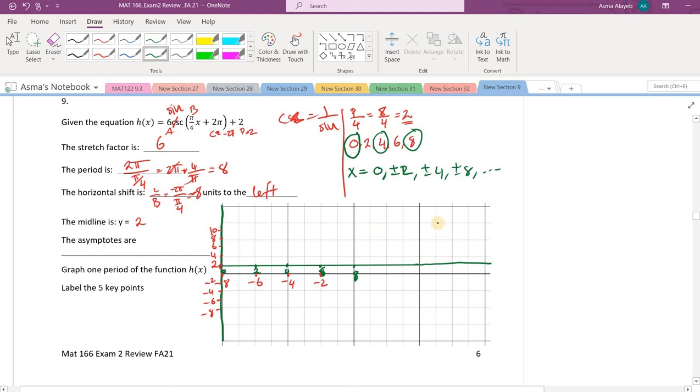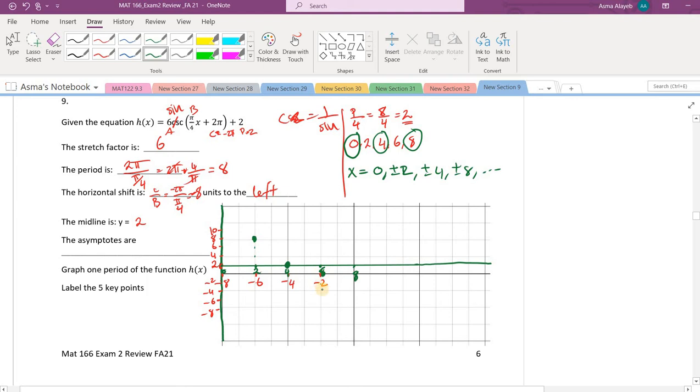So now let me just focus on graphing the sine function. At 0, the graph is 0. At 2, the amplitude is 6. So 1 times 6 is 6. It has to go 6 units. So 2, 4, 6. At 4, it is 0 again. And then at negative 2, it is 6 units down.